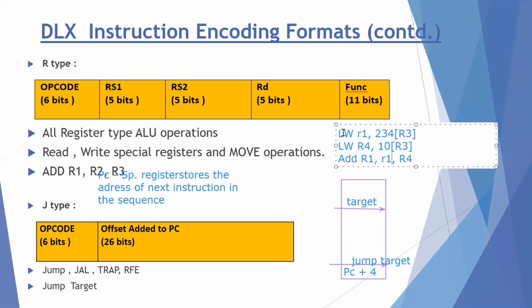Suppose this is the three line code that I've written. So how do I store it in the memory? Every instruction is 32 bits.